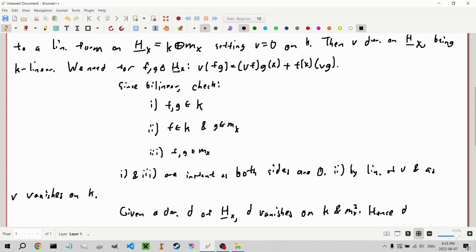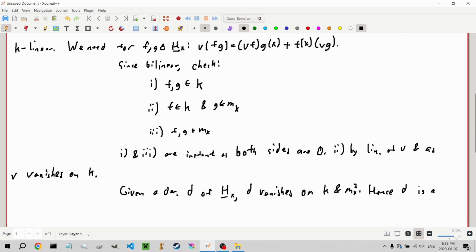Hence, d comes from a unique linear form in m_x over m_x squared. So from a unique tangent vector v, as desired.